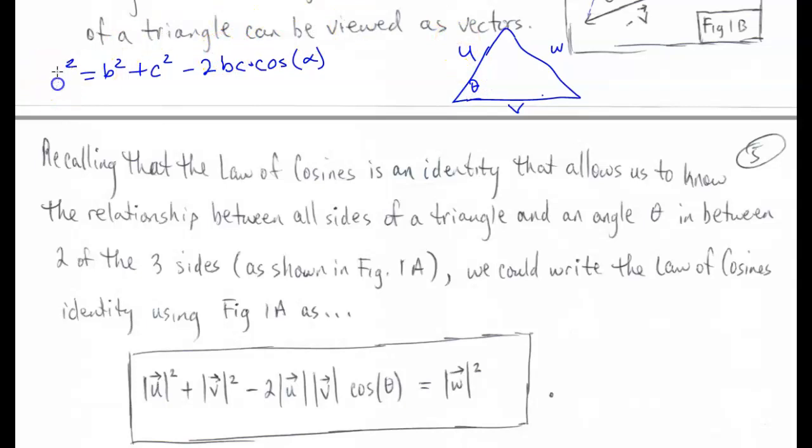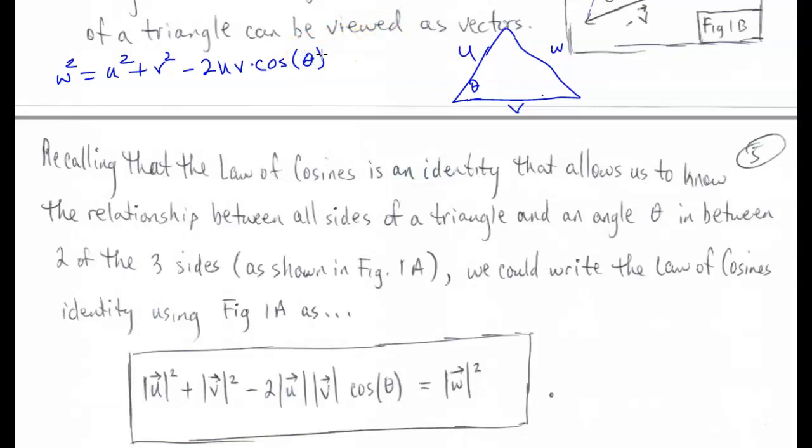Then of course W squared is going to be equal to U squared plus V squared minus 2UV, and this will be cosine of theta instead of cosine of alpha.